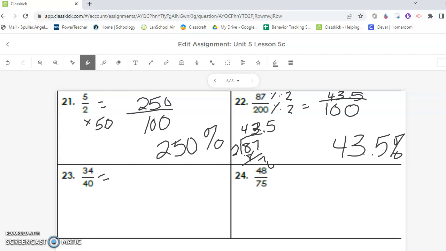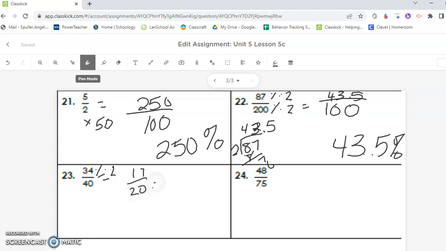All right, now 40 times anything does not equal 100. Actually, I could take it times 5, couldn't I? No, that would get me 200. So that wouldn't work. So what I'm going to do is simplify this first. I'm going to divide it by 2, and that's going to get me 17 over 20.